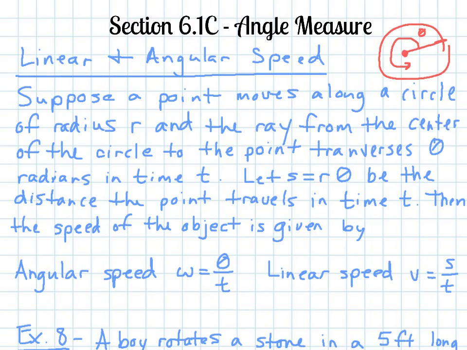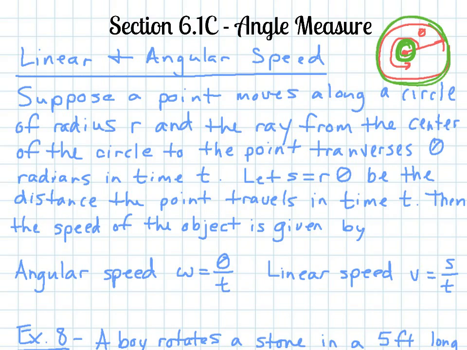The angular speed, meaning if you're coming from the center of the circle, how fast does it go around the middle? So we'll go around this way, like that angle change. And then linear speed is the speed on the circle, so how fast I go around out here. So those two values will be different.